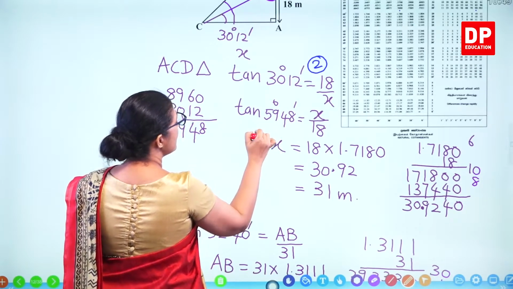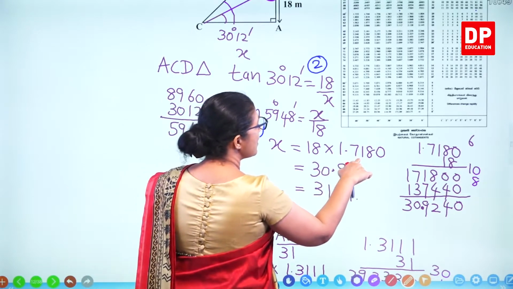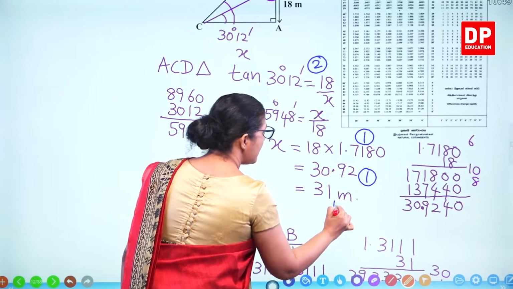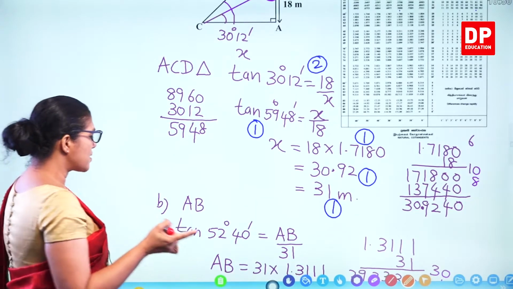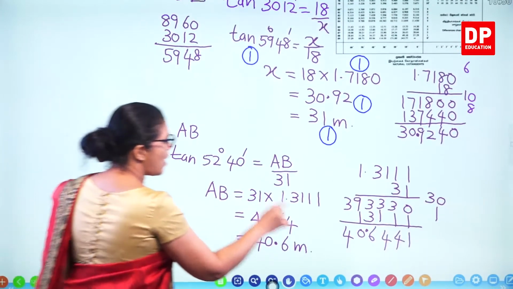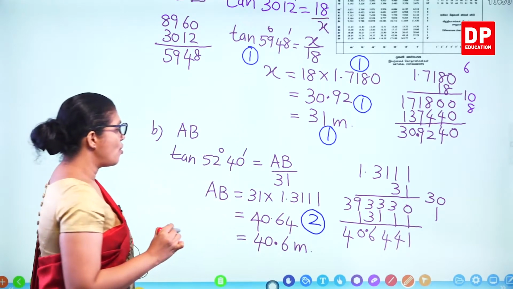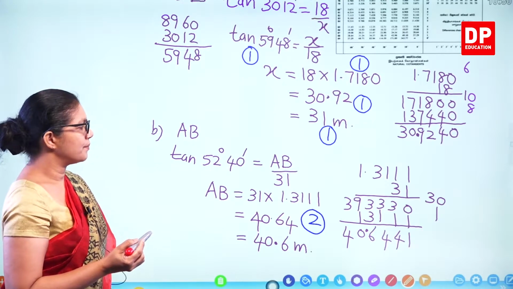Then converting, that's 5. Referring this value, 6, 7 and 8. Rounding, you get another 1 mark. 8 marks. And then 2 marks for this question. So 8 plus 2, altogether 10 marks for the whole question.